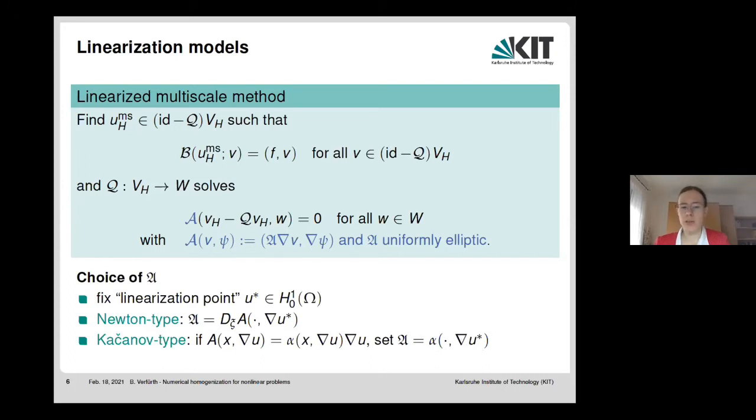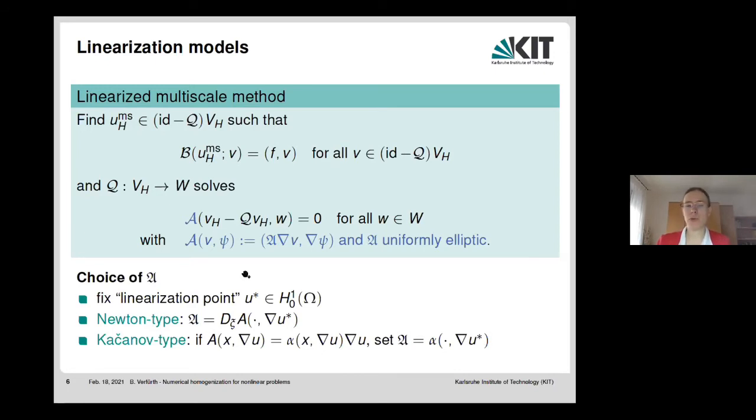And if you write things down, you will notice that both choices lead to the standard localized orthogonal decomposition in the case of a linear function A. So this choice is consistent.